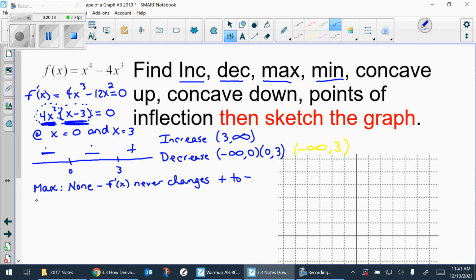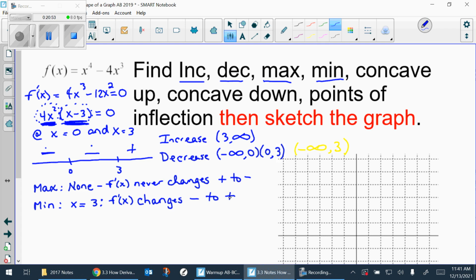If I asked you, where is there a local min? At what x value is a local min? You would probably say at x equals 3. If I said, will you explain that to me? You would say that the derivative, f prime of x, changes, and you have to be very specific again, from negative to positive.